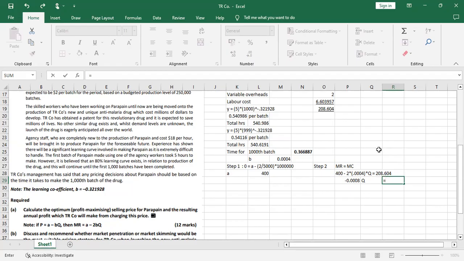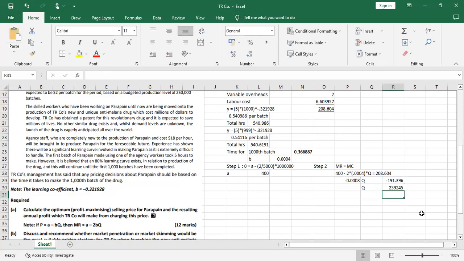If you bring it here, then 208.604 minus 400. So it is 191.396. Next, you can solve Q. Q is equal to this value divided by this value. So the optimal quantity is 239,245 units. Right, everyone? Any question?